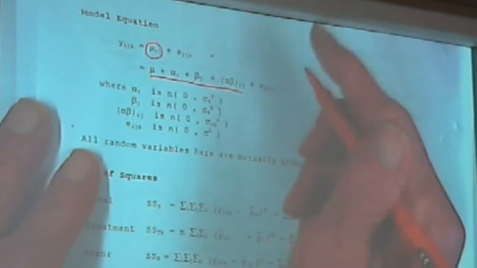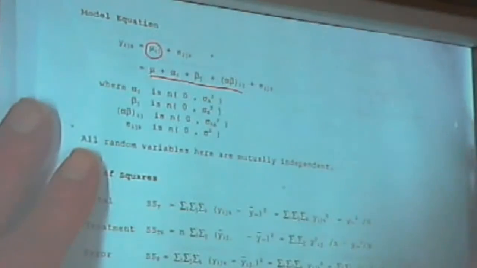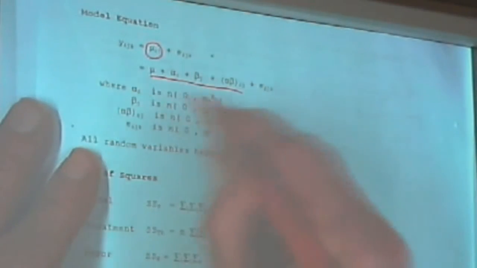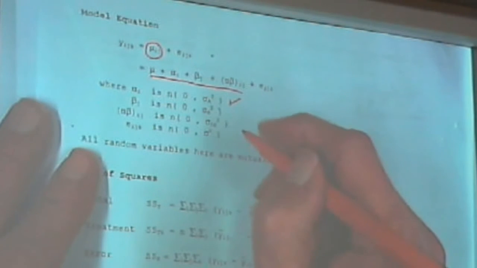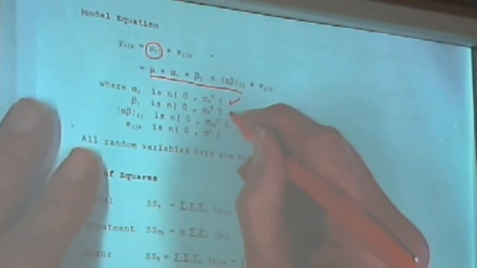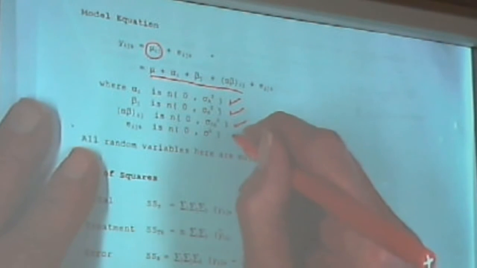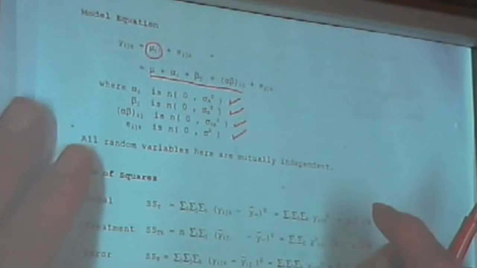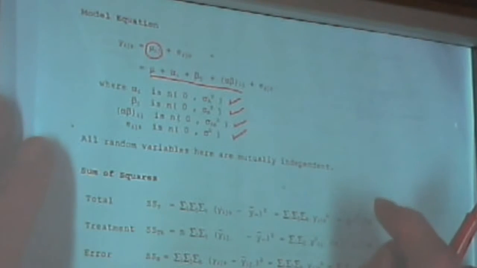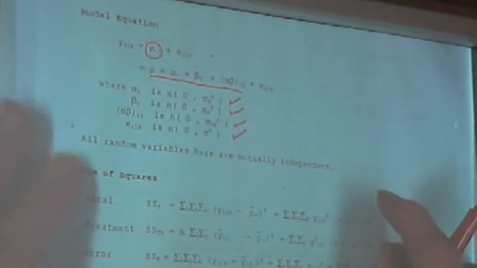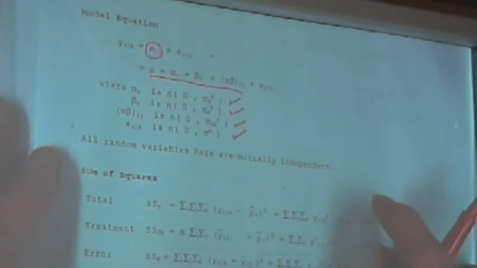So these pieces in the model are all random variables. The alpha i's are normal, the beta j's are normal, the alpha beta ij's are normal, and the eij error terms are also normal. So notice that all pieces of the model, except for the mu, are random variables. The classical model is to assume they have normal distributions, so we'll do that here as well. And so this is what's going on for our model equation.